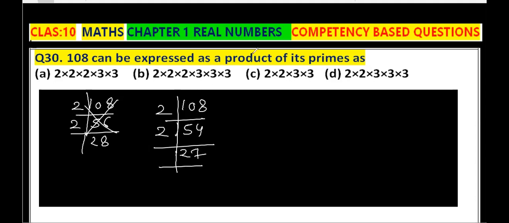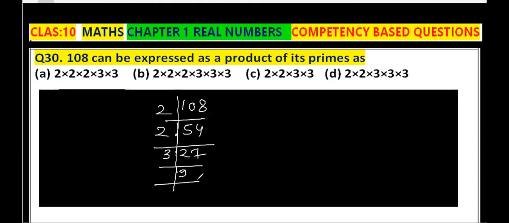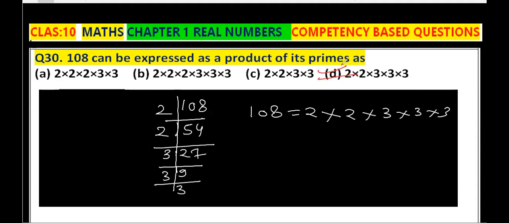Again divide, please divide yourself. This is divisible by 3, that is 9. Again you can divide by 3, this is 3. So 108 can be written as 2 into 2 into 3 into 3 into 3. So D is the correct option.